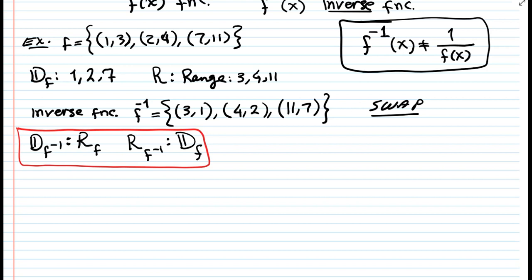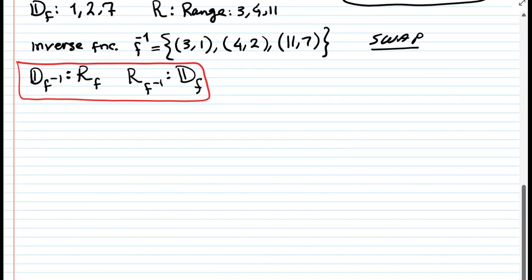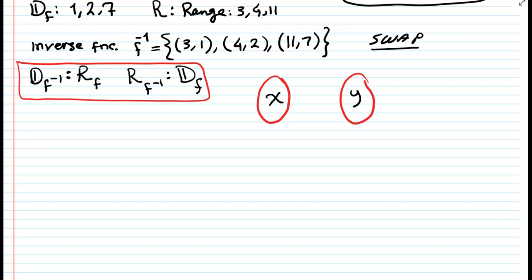How is this going to look in terms of our mapping? Suppose I have x and y here. The mapping takes place through function f, and here we have y as a function of x, because you start with x and end up with y. Now we can go back from y to x.